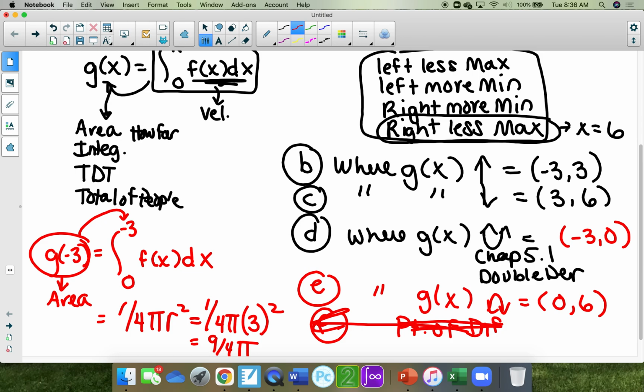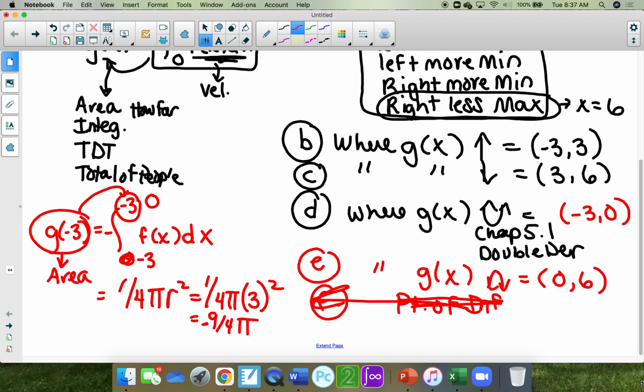Okay, here comes the tricky part. This is supposed to be down here because it's smaller, and this is supposed to be up here, so there's supposed to be a negative sign. So it's a -9/4 pi. So that's the tricky part on the AP test.